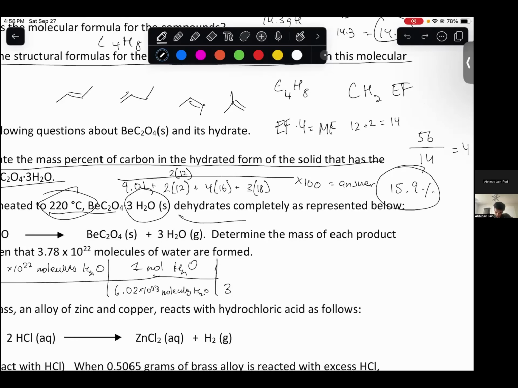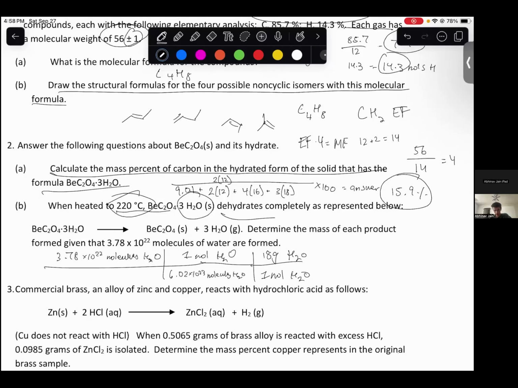First, we can find the mass of water, because water is also one of our products. We know that for every 1 mole of water produced, we're going to have 18 grams of water. So 18 times 3.78 times 10 to the 22nd, and then divide that by 6.02 times 10 to the 23rd.